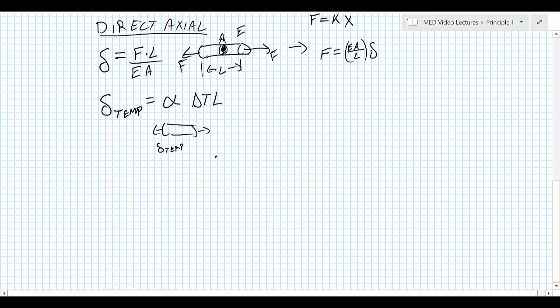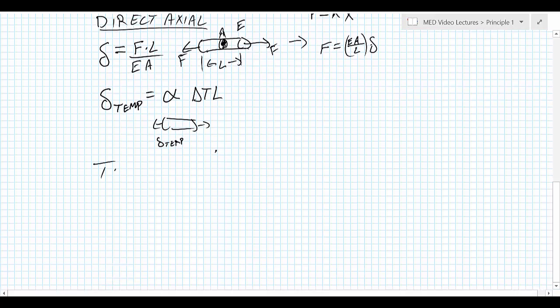All right, so that's direct axial loading. We can also look at torsional loading. In torsional loading, remember, that's the twisting.